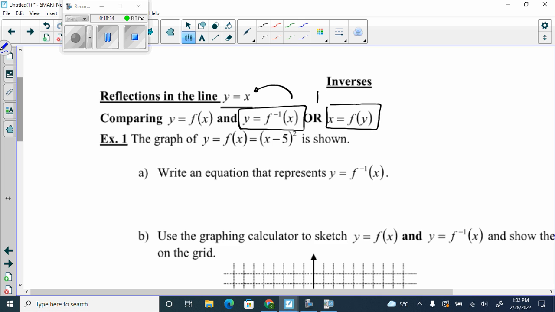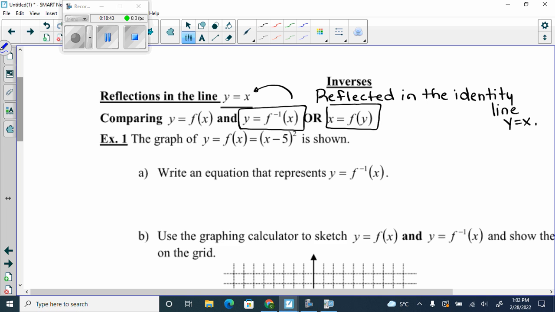Or they could say reflected in the identity line. This is not often done, but they could do it. Because the identity line is y equals x. Or they could just say determine the inverse, which literally is direct, like find the inverse, right? But they could say it in any of those ways, and they're asking you to find the inverse.